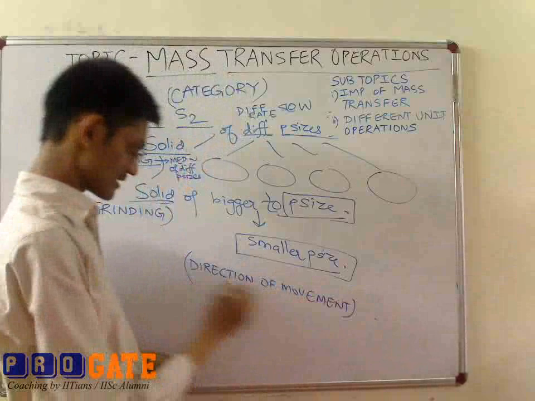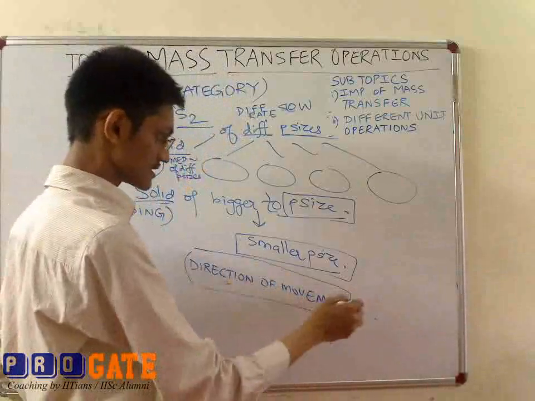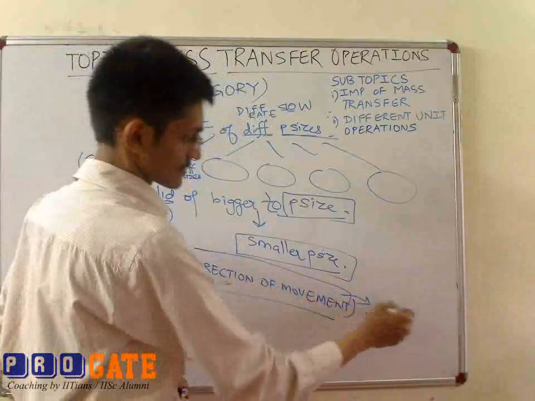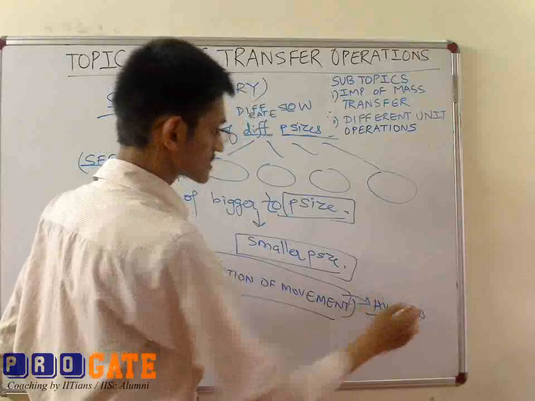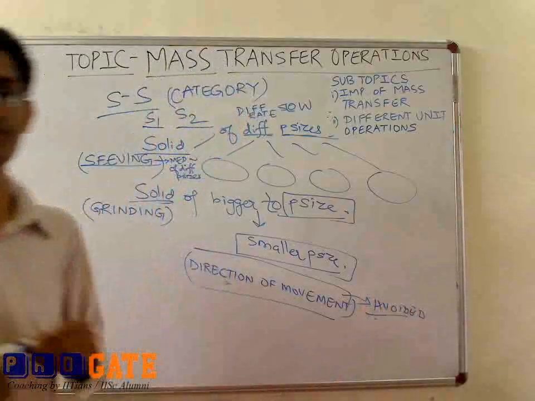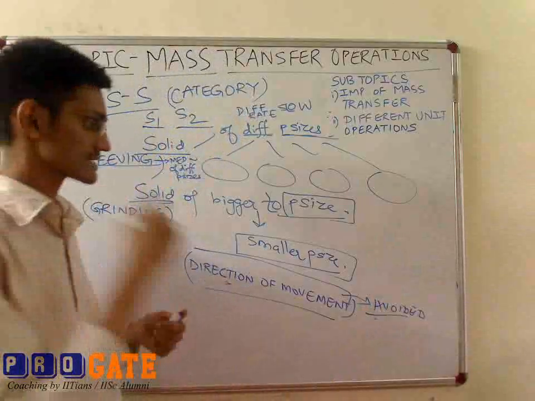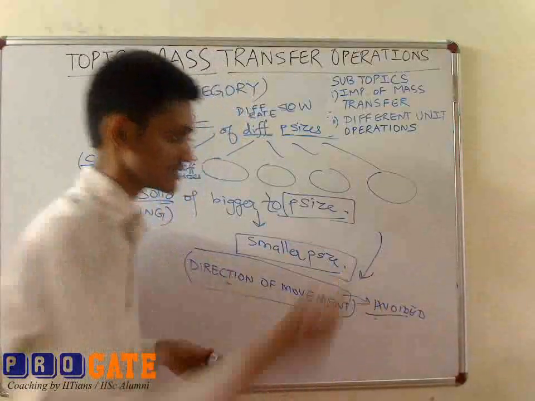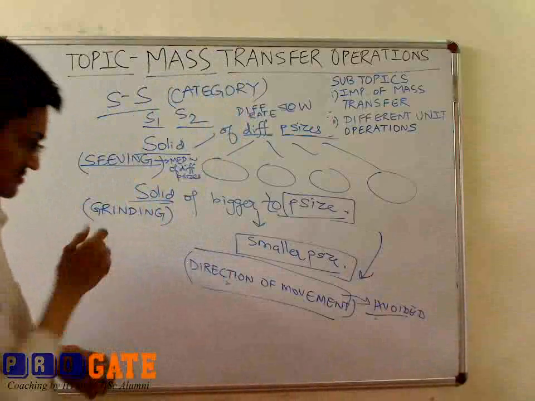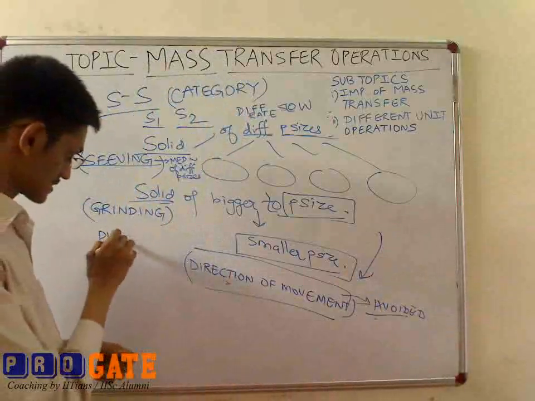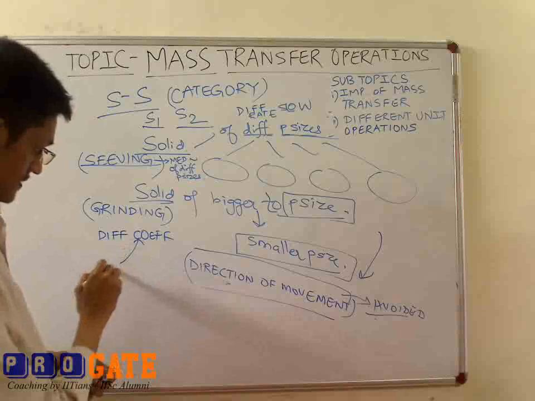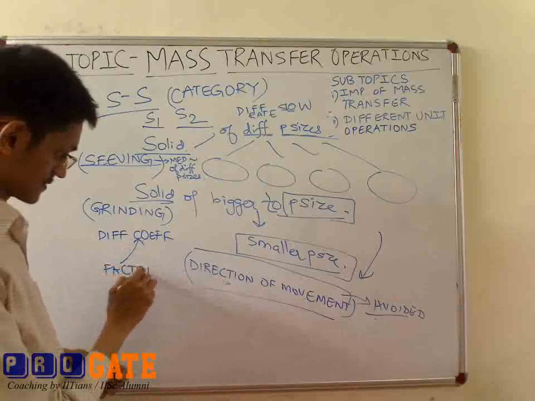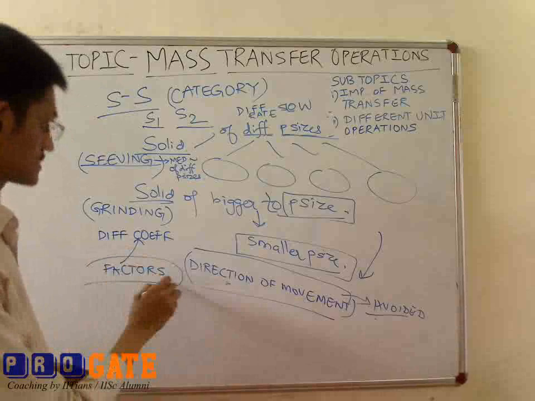So diffusion in the solid phase is normally avoided. Here the bulk movement is of more importance in solids, whereas diffusion in gases and liquids is comparatively easy. That is because of the diffusion coefficient and the factors affecting that. So this will be studied.